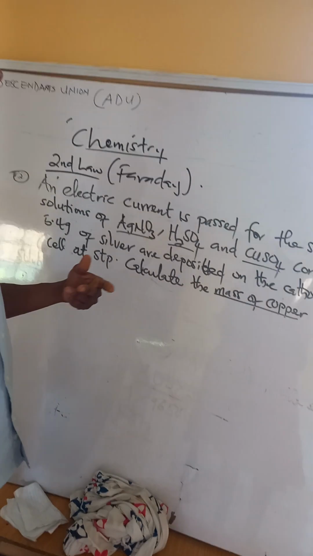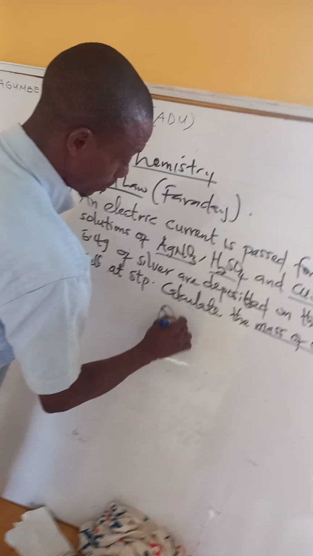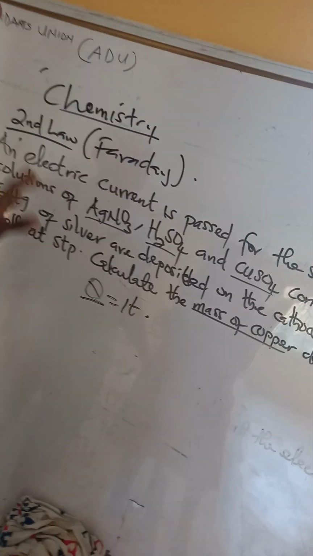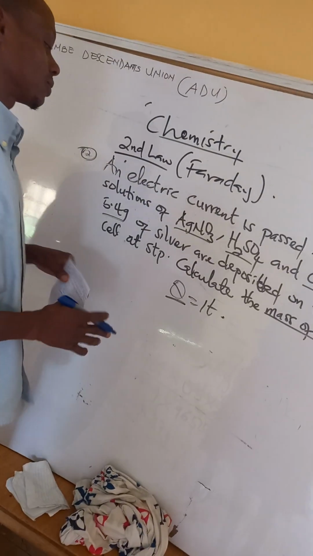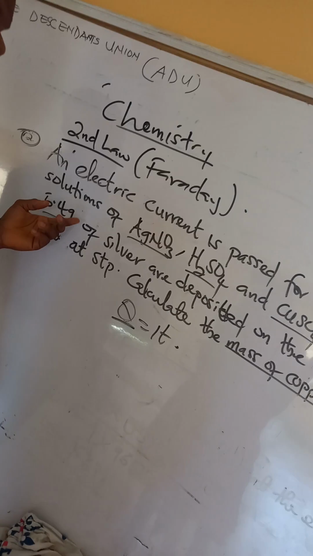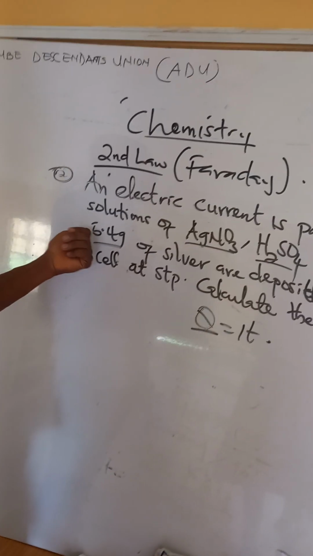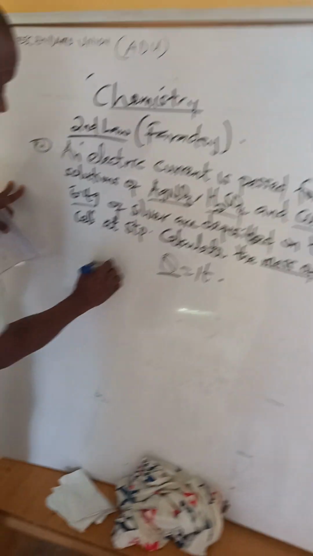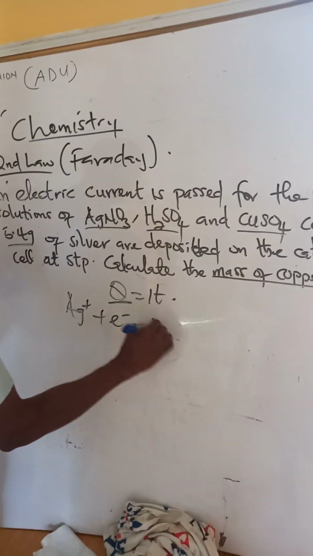We remember that Q is equal to I T, so we just need the Q. The only information given to us is 5.4 grams of silver. From the silver given, we can calculate the quantity of electricity that deposited that 5.4 grams of silver, because silver is Ag plus electron giving us 1 mole of silver.